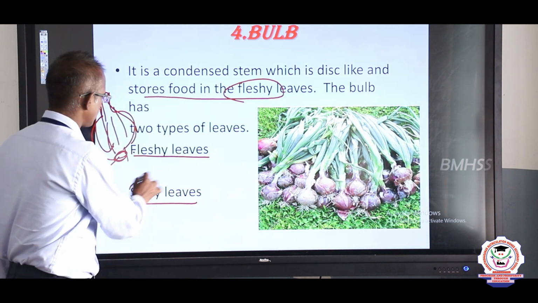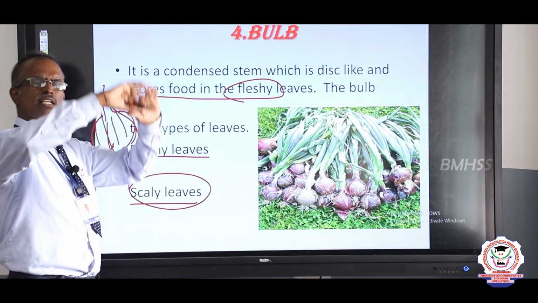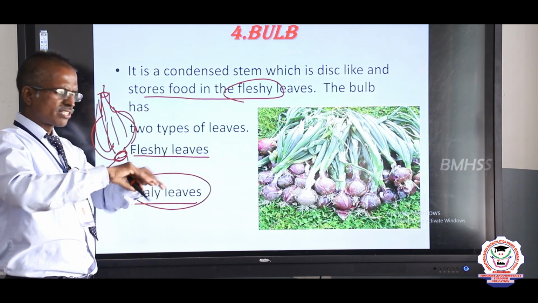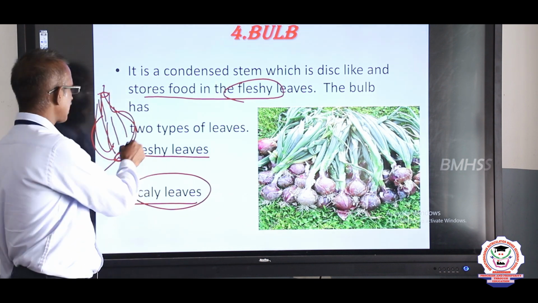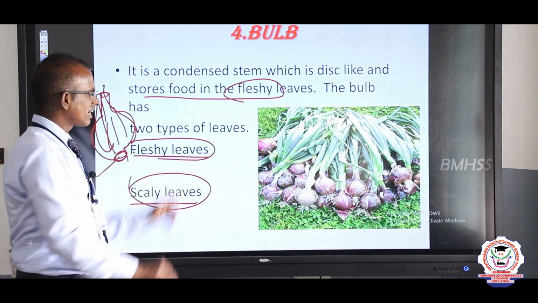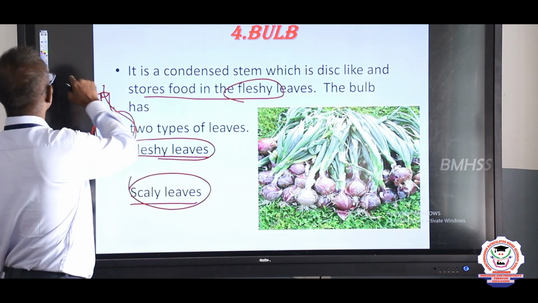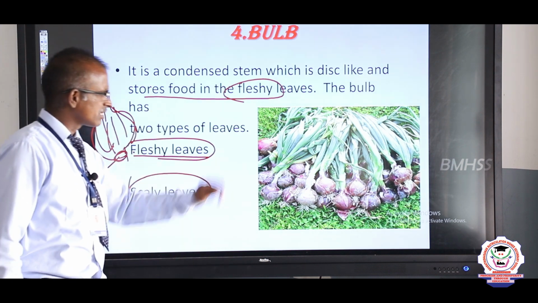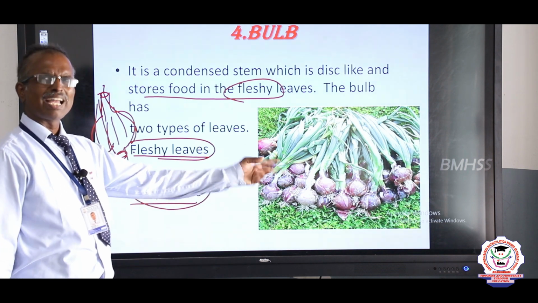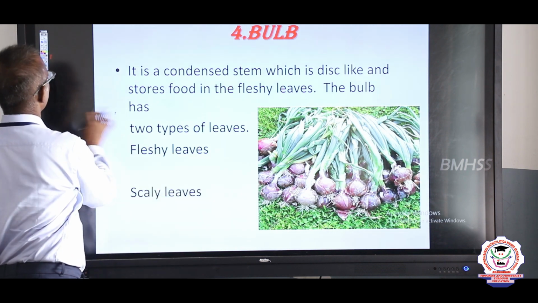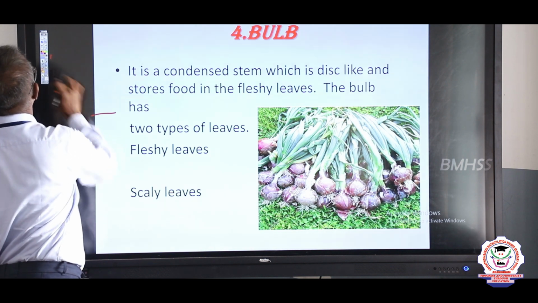We call these scaly leaves. Scaly leaves form the outermost covering. If they are removed, the inner surface has fleshy leaves that store the food material. Examples of bulb are onion and garlic.